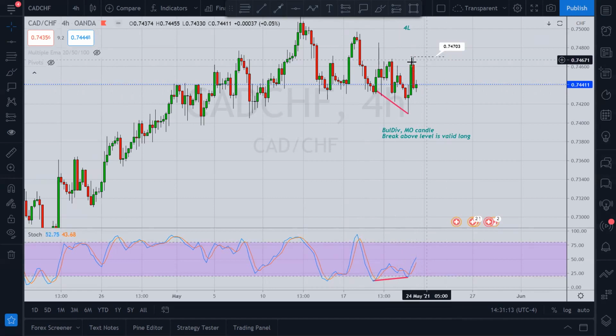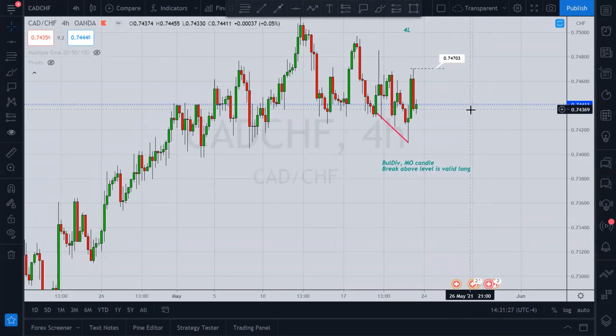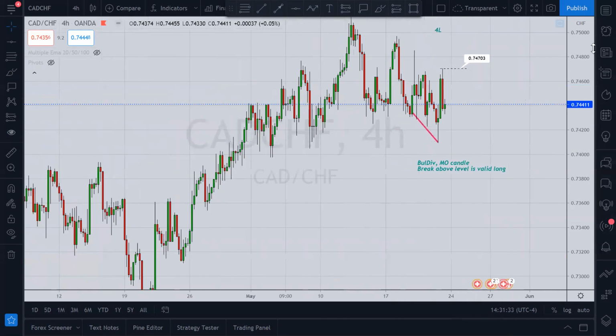This was a good entry here, even though you would have been experiencing some drawdown. I do believe that price is on its way to the other side of the stochastics, to the overbought area, and I believe price is on its way up here.